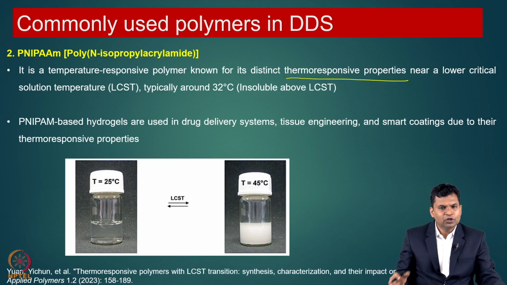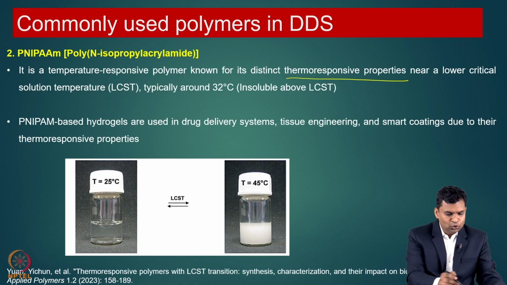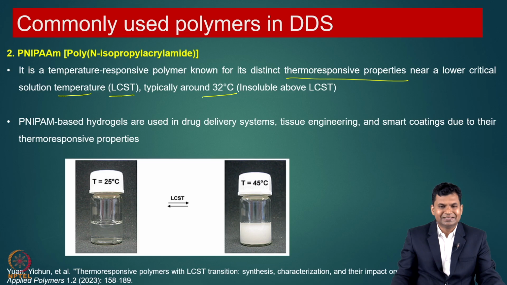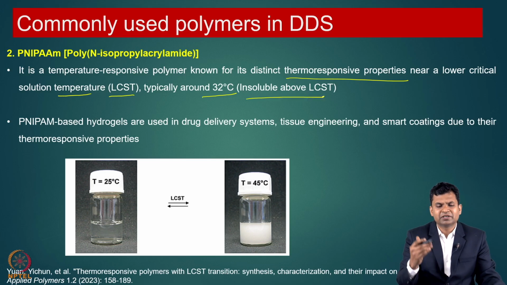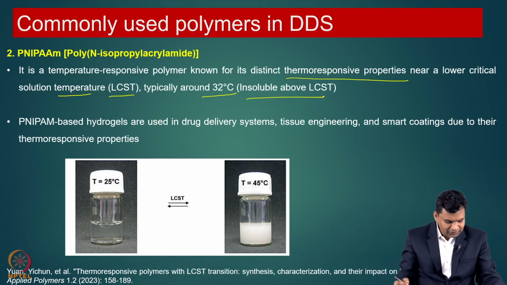active targeting. Now as we learned, these polymers respond at a lower critical solution temperature, which is called LCST, that is below 32 degrees centigrade. When you increase the temperature, your polymer undergoes change into an insoluble form. So now you can see here is one best example which is published by the authors.